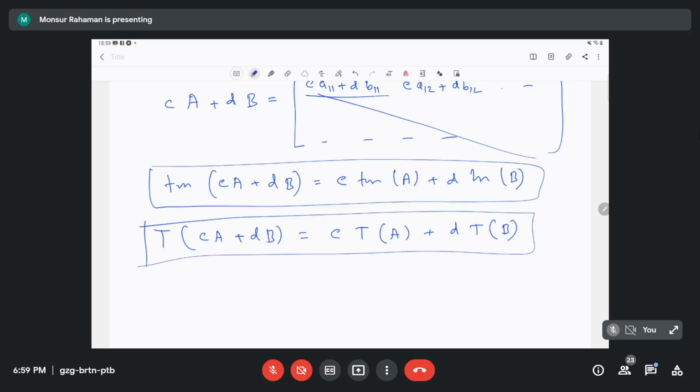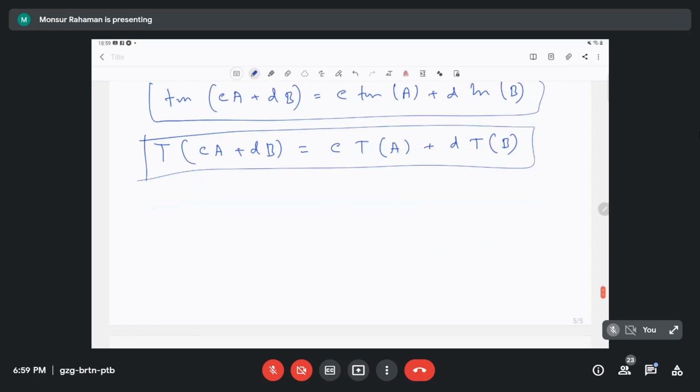So a linear functional. Or let's say another example. V is a vector space of all polynomials. Previously, I told you that for all polynomials whose degree is less than or equal to n, the dimension will be n plus 1.